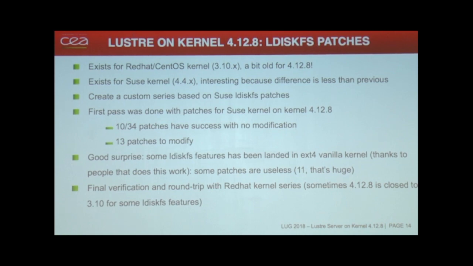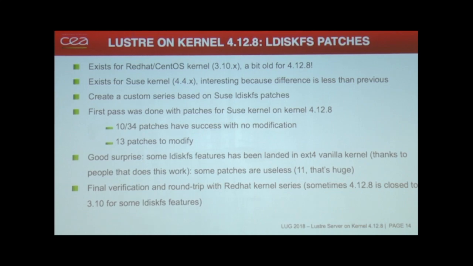Well, about the first part, we know that patches exist for Red Hat, and also for SUSE with kernel 4.4. We can say that kernel 4.4 is much closer than the 3.10 of Red Hat.